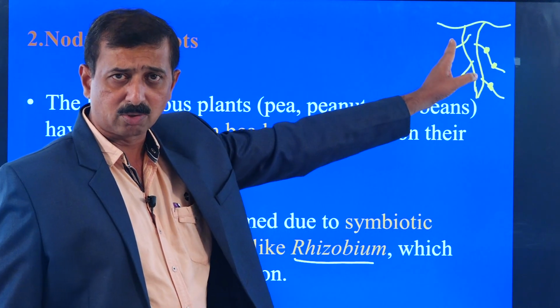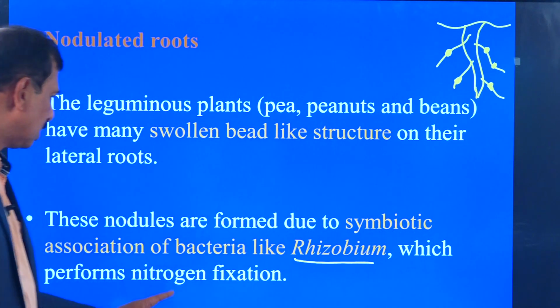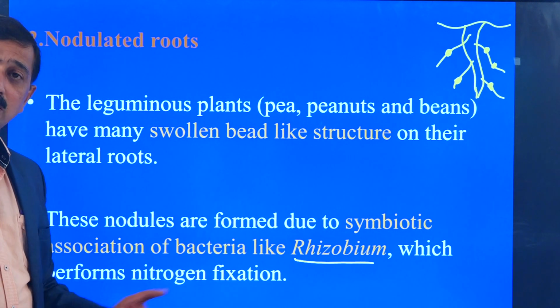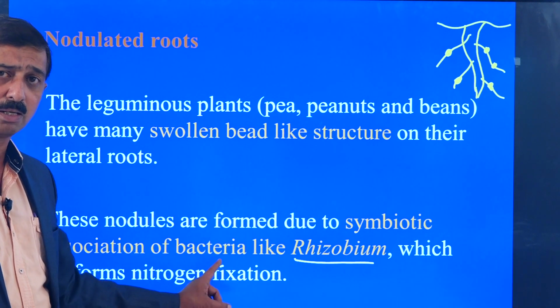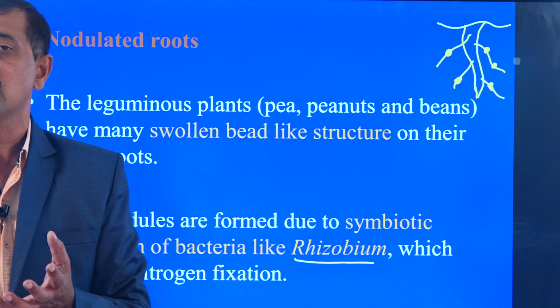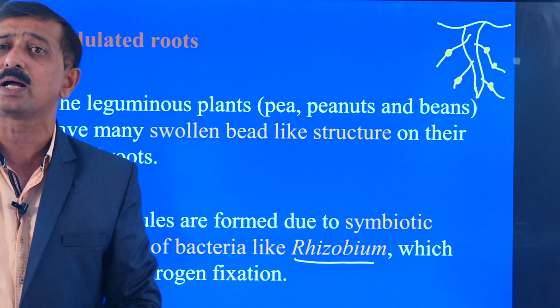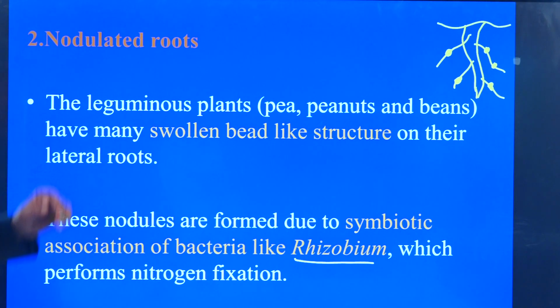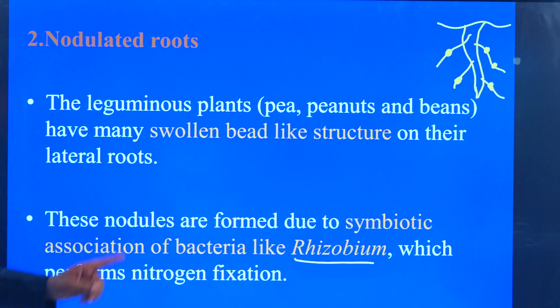That nodulated root is meant for fixing of nitrogen from the atmosphere directly. That nitrogen fixation helps in increasing soil fertility and in turn improves the yield of the plant. So, that is regarding nodulated root meant for nitrogen fixation.